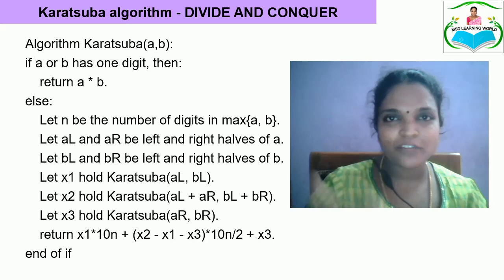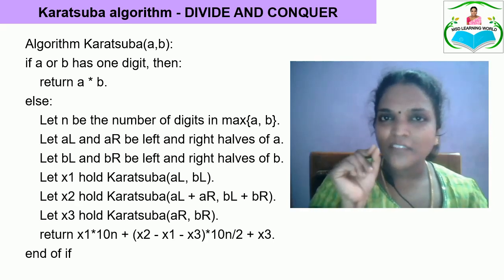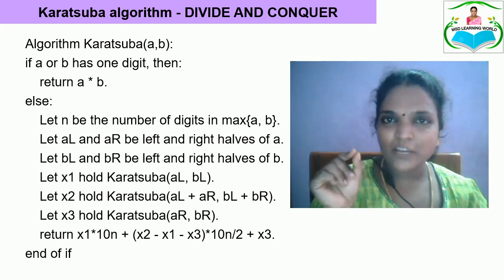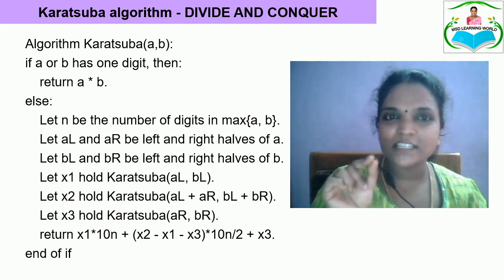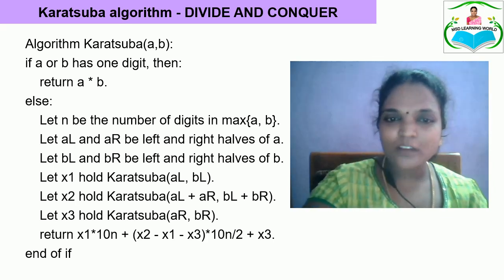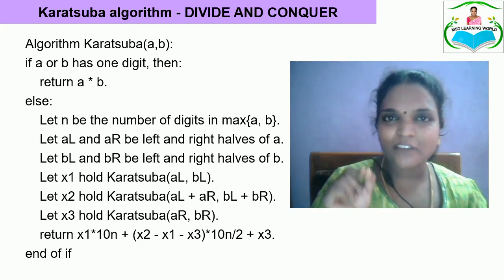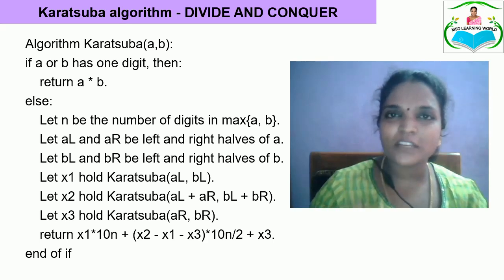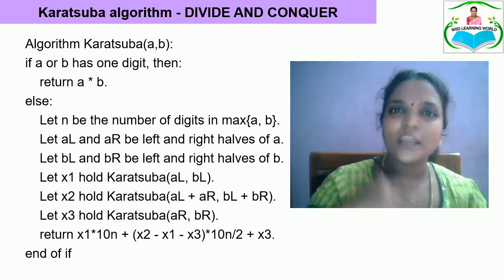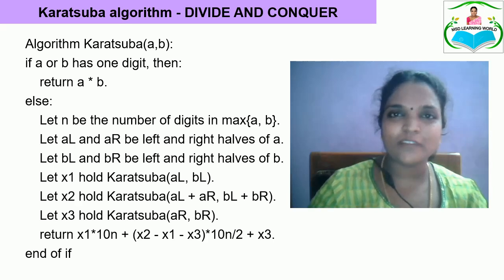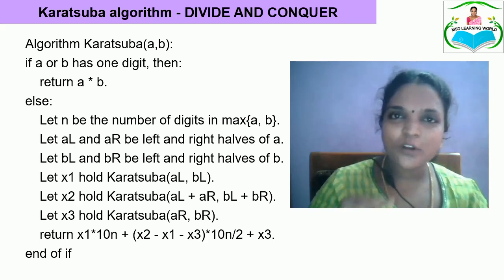You try to divide it until you are getting two n bit values, where the higher value of x and higher value of y is a single digit number. So you are recursively calling the Karatsuba algorithm until you get the higher value of x and y to have a single value, and you are finding the multiplication for n by 2 number of times. At last you are finding the multiplication value. So the time complexity of this algorithm is order of n to the power of 1.5.